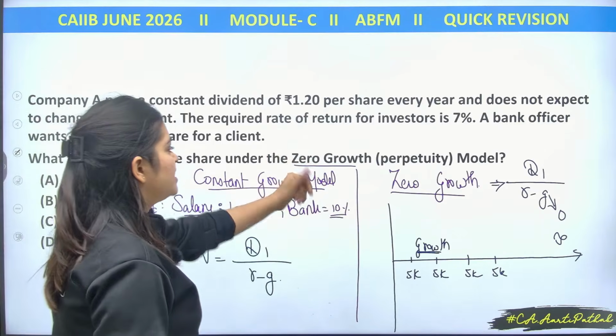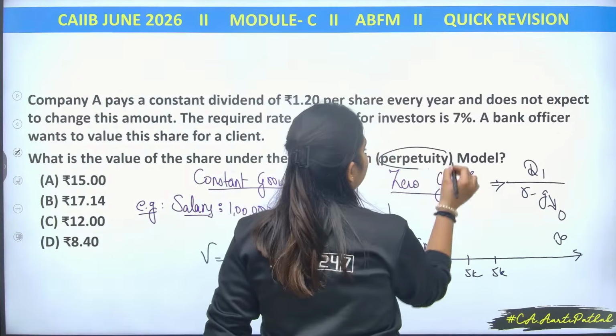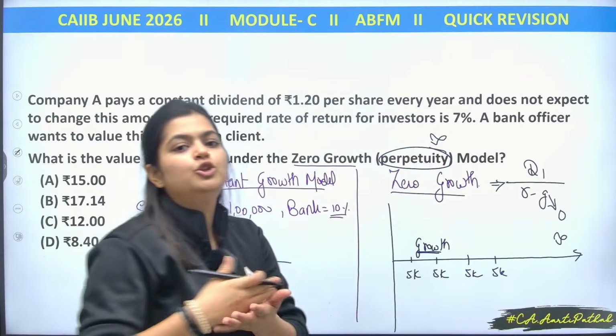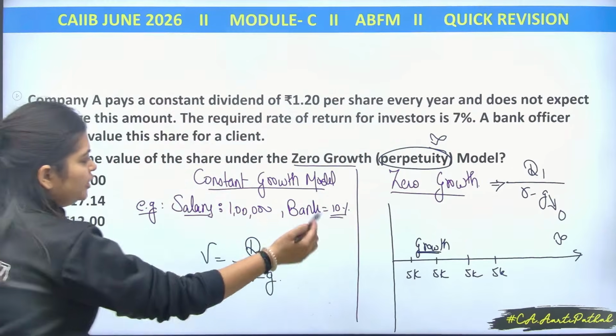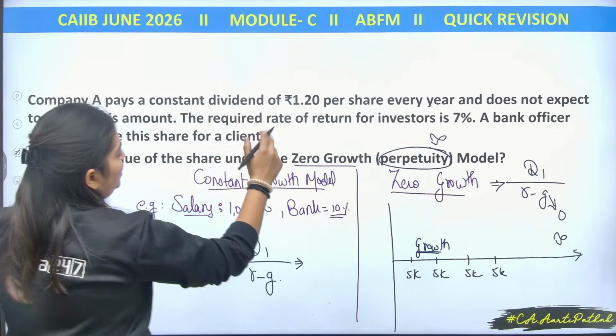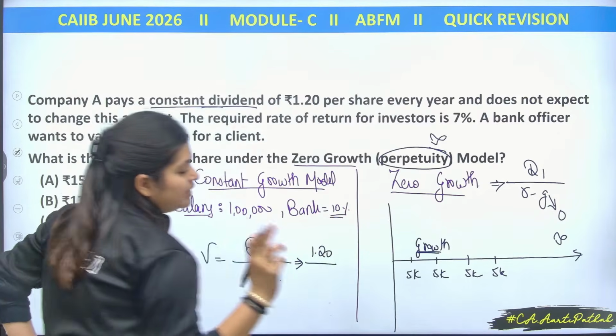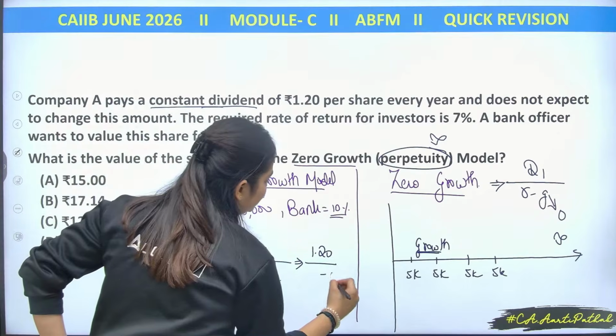Now this question is asking about zero growth. Zero growth or perpetuity model is what? That is your infinite model with no growth. So just use the same formula. If you apply the same formula also, you can get the answer. So dividend is constant 1.20. There will be no growth, so G is going to be 0 here.